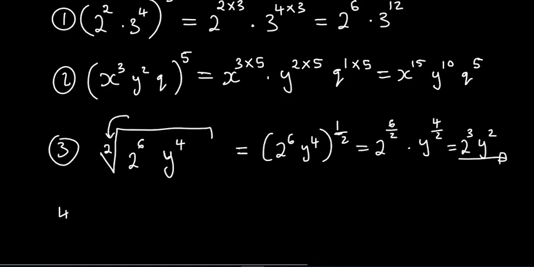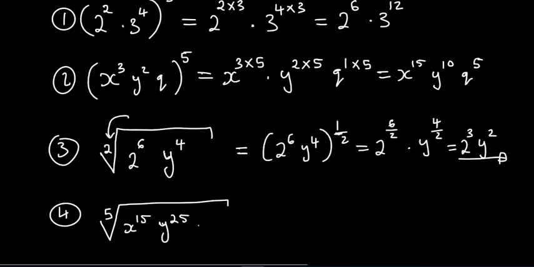Again, you might have, for example, a root like that. Let's say you've got 5 there, and then inside you've got x to the 15, y to the 25, and q to the 10.